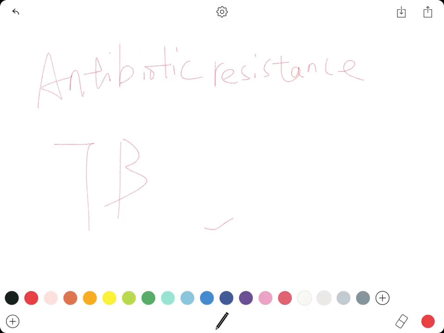widely distributed in the soil and it's very easy to be contaminated in the wood.